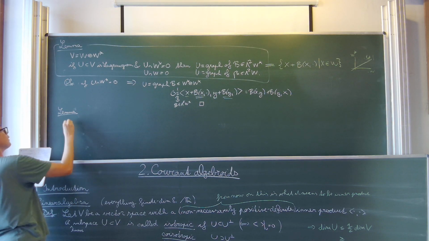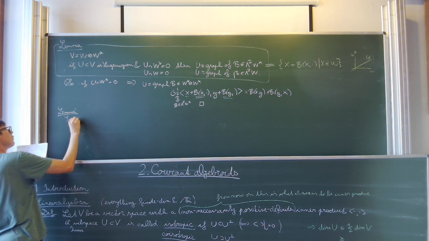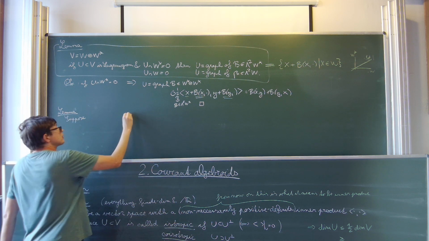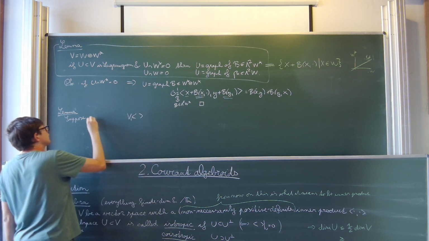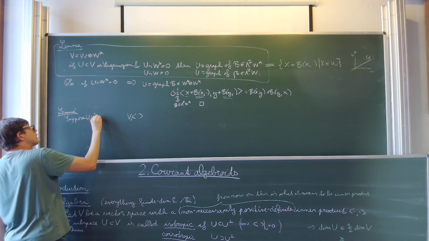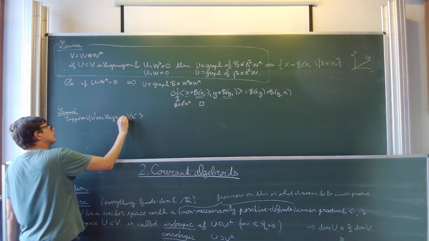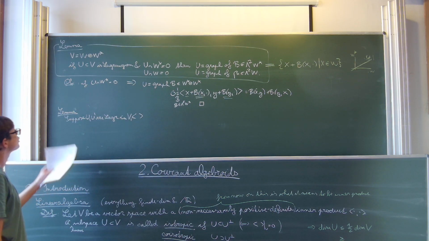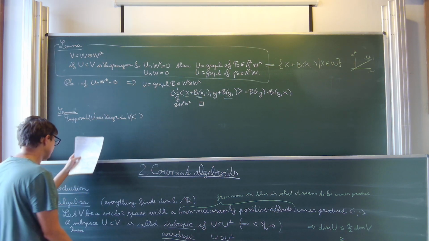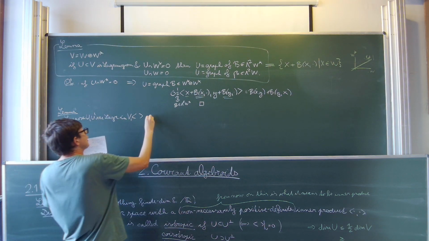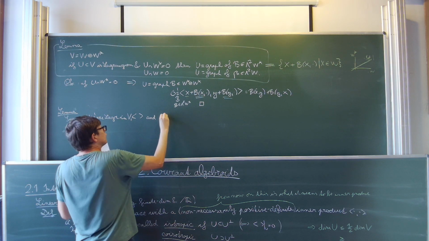Suppose that now we have a general space V with some pairing. And now suppose U and U prime are Lagrangian in there. Forget about this special case, let's take the general case. Suppose that they are Lagrangian and they have 0 intersection.